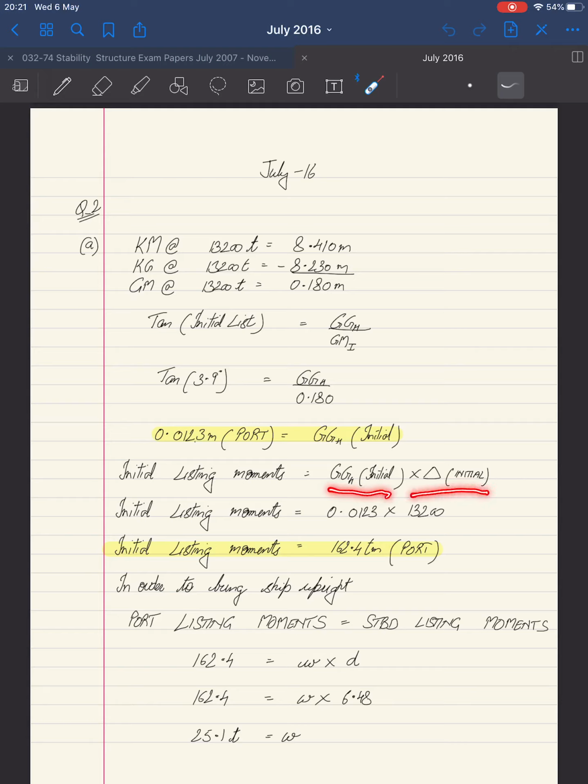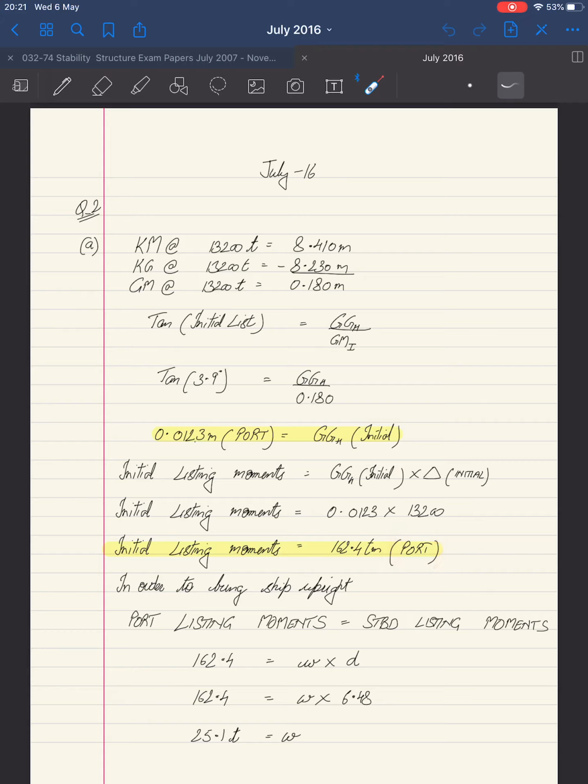So initial listing moments will give me 0.0123 meters, which was my GG' initial, times the displacement initial, which is 13,200 tons, which was given in the question. So initial listing moments has been obtained as 162.4 tons meter and the direction is port.